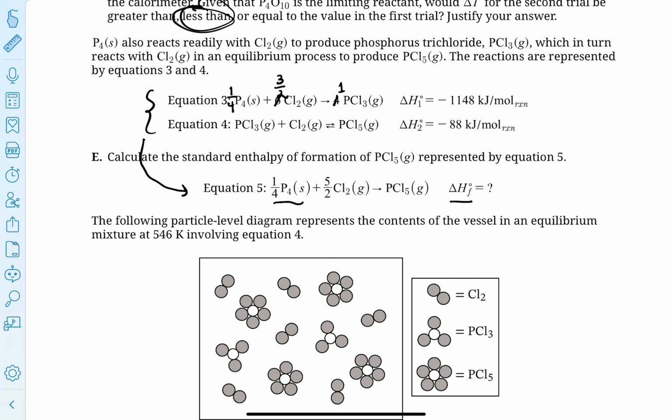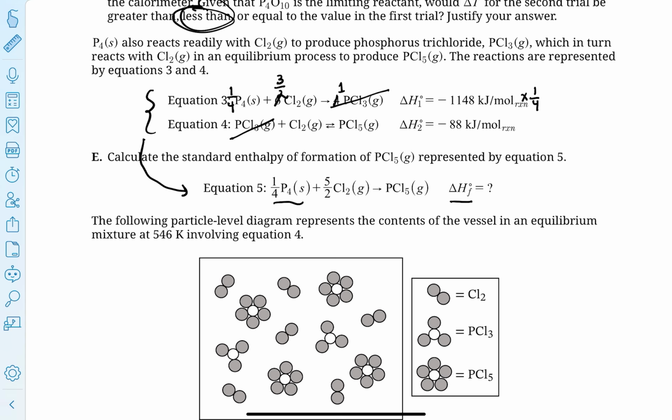Okay, now because I multiplied the coefficients by 1/4, I have to do the same thing with delta H1. And then in equation 4, I'm going to leave it the same because when I add these up, it'll give me my fifth equation. So by the way, PCl3, it's a product in equation 3 and a reactant in equation 4, so it will cancel out.